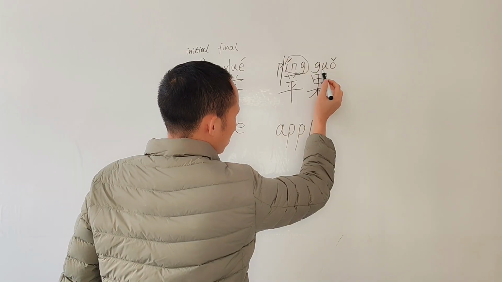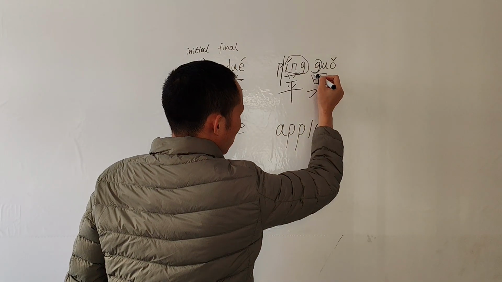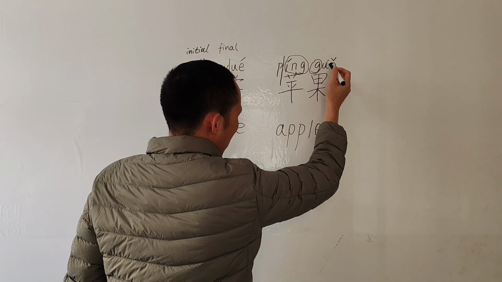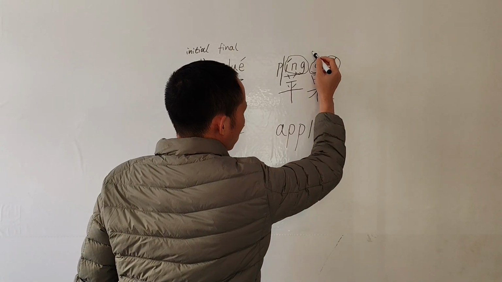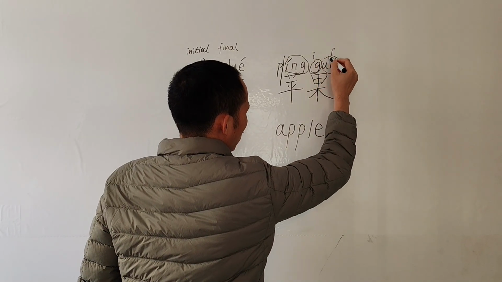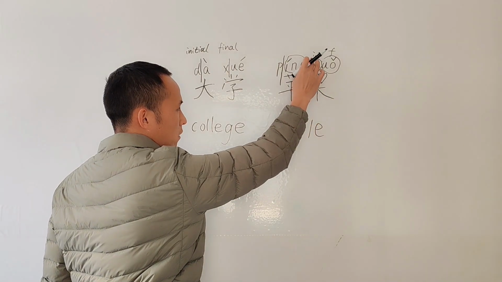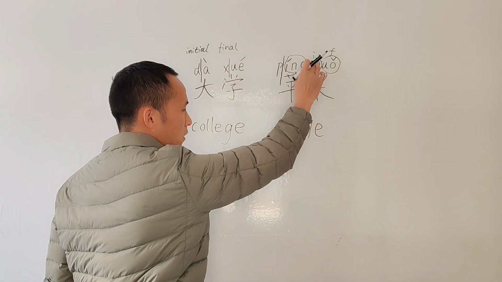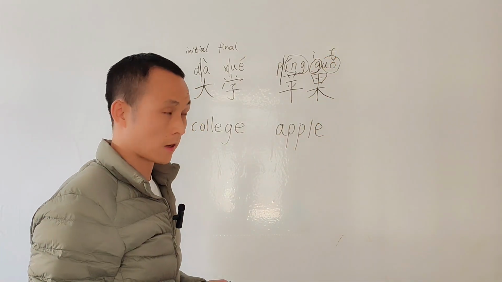The same applies to this pinyin 我. The G is the initial, and the rest is the final. Okay, initial, final. So Chinese pinyin consists of an initial as one part and a final as the other.